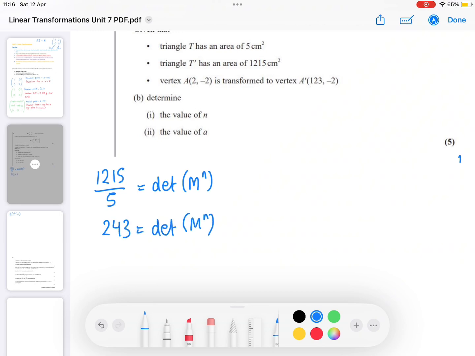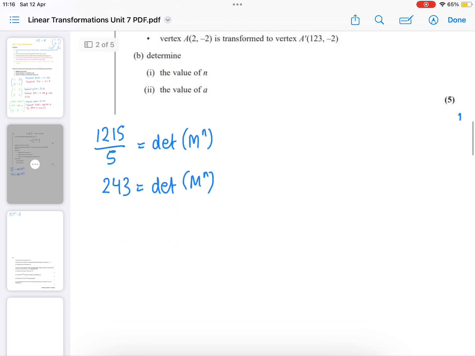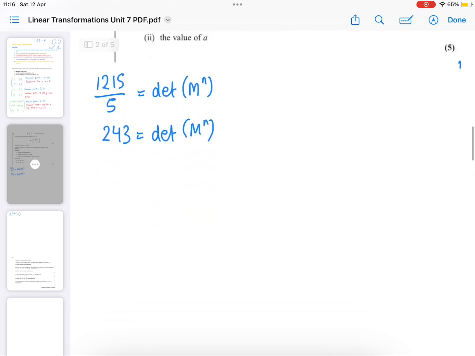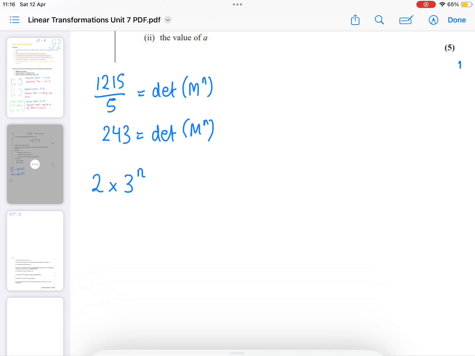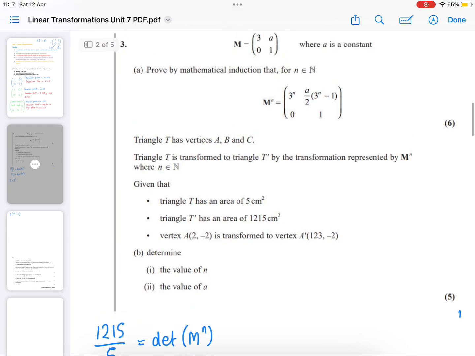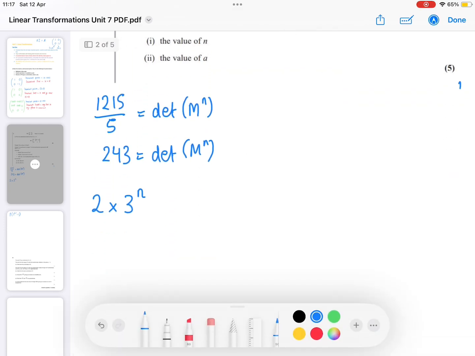And then we need to deal with the second bit and actually find the determinant. So the determinant is going to be 2 times 3 to the n, because we had 2 times 3 to the n, minus a to the 3.